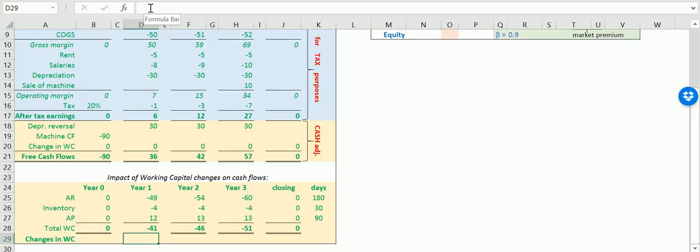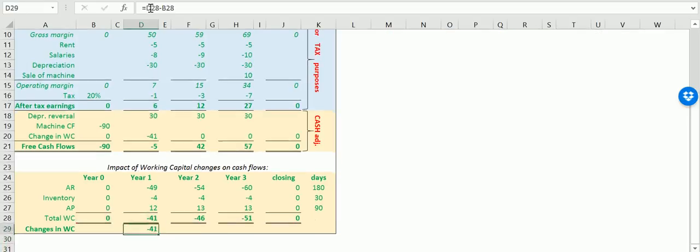So that depends on your assumptions, whether it is like that or the other way around. So now we only have to calculate the changes in working capital because that's what's going to affect our calculation. So I put the current year minus previous year, and I do that for all the years.